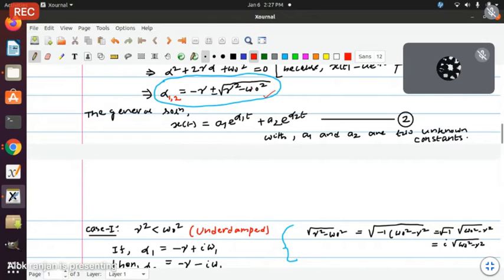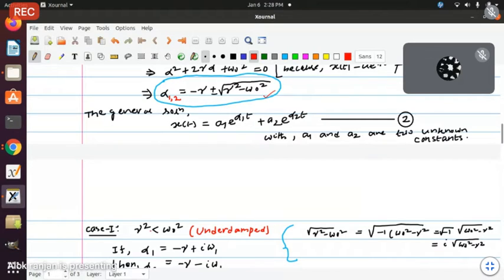In other words, is it greater than 0, less than 0, or equal to 0? So we have three different situations. The first case is when it's a negative quantity, that means gamma square is less than omega naught square. That scenario is known as underdamped. I will explain why it's called underdamped.